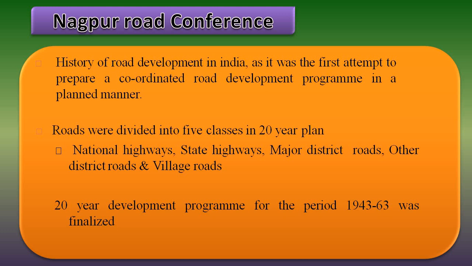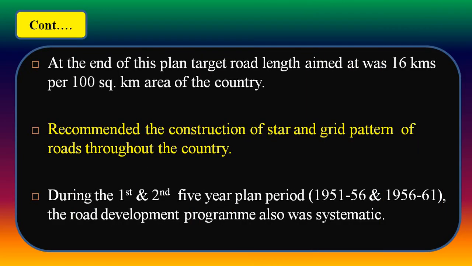At the end of this plan, the target road length aimed at was 16 km per 100 square kilometer area of the country. They recommended the construction of a star and grid pattern of roads throughout the country.